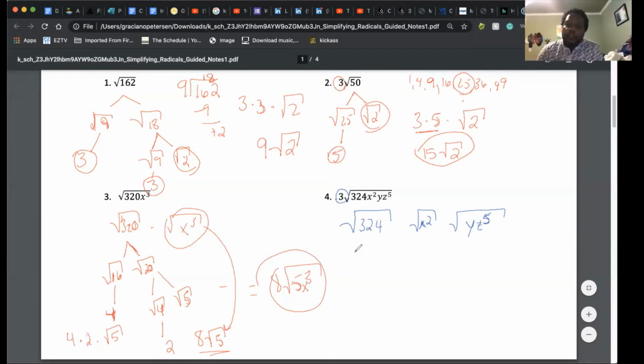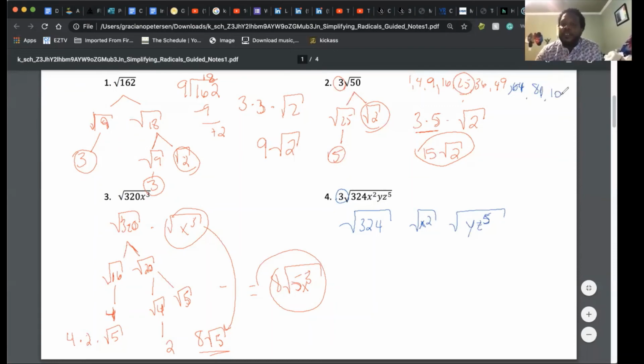Okay, so what number is going to go into 324 evenly? I can't use 16 again this time, unfortunately, because it doesn't go into 324 evenly. It goes into 320 evenly, but not 324. So let's see, I can add the rest of these perfect squares in here that I don't have up yet.